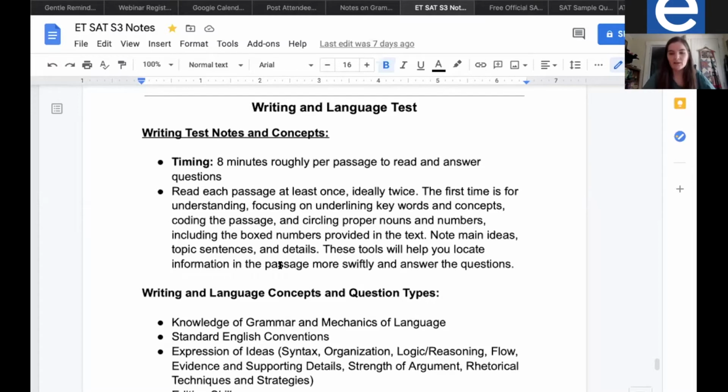Because in order to approach this section, you need to know how to do reading. You need to be able to analyze a text, understand who the intended audience is in a passage, as well as look at things through the writer's eyes in terms of what techniques they're employing, why they're using certain techniques or ideas in a particular way.